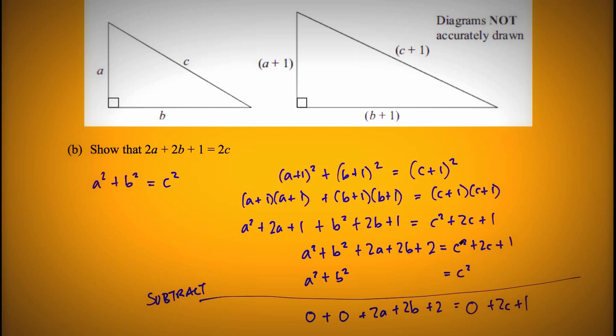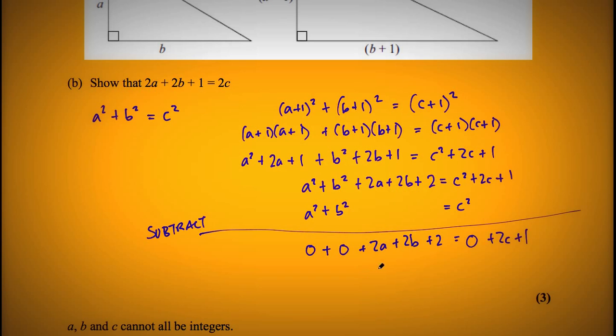As long as the two things equal each other on both sides, I can subtract one from the other. I need to show that 2a plus 2b plus 1 equals 2c, so I'm very nearly there now. 2a plus 2b plus 2 equals 2c plus 1, minus 1 from both sides, and that gives me 2a plus 2b plus 1 equals 2c, which is what I had to show.